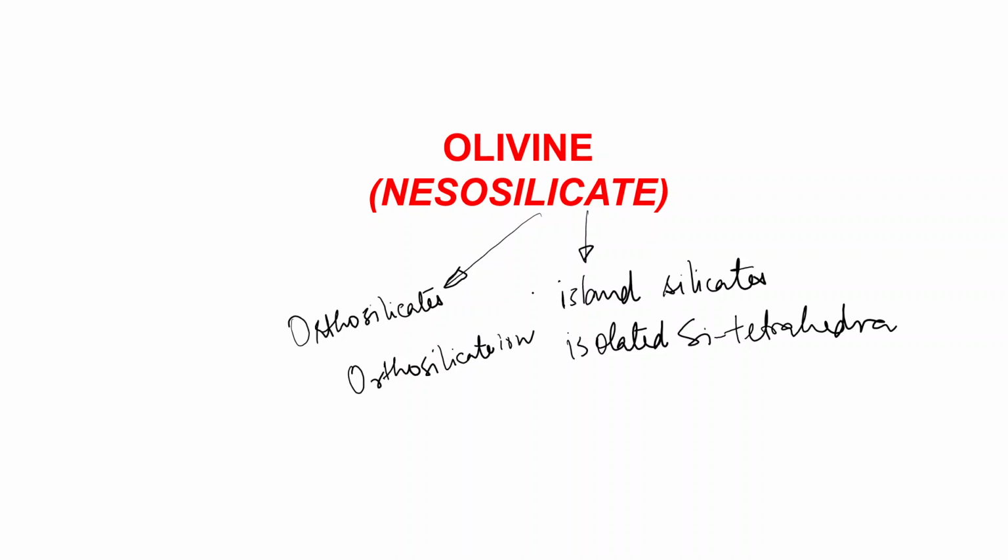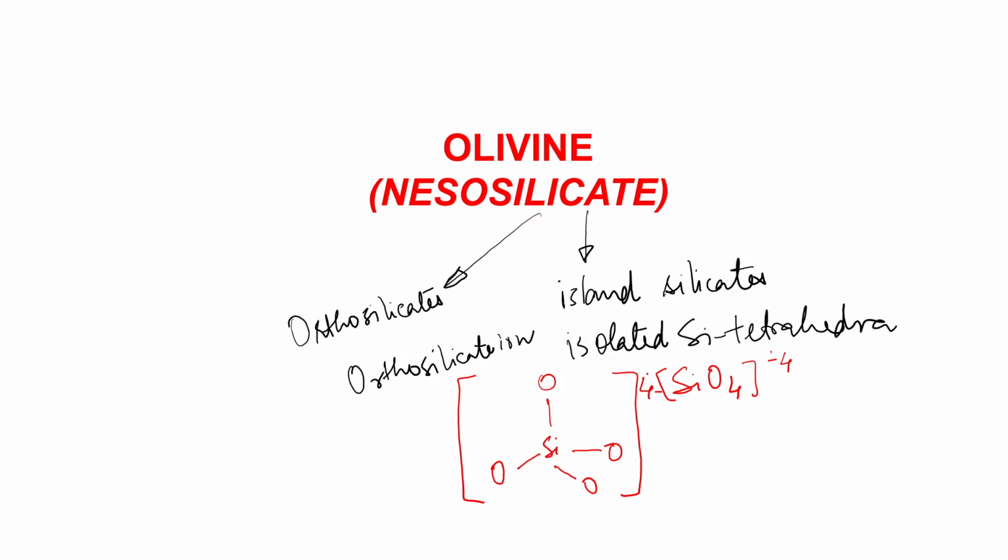ion. So if you look at the orthosilicate ion, it looks somewhat like this. So it is the silica tetrahedra, means SiO4 4 minus. This is the orthosilicate ion. If you look at the structure of orthosilicate ion, we have silicon in the center, and it is bonded to 4 oxygen atoms with 4 minus charge.